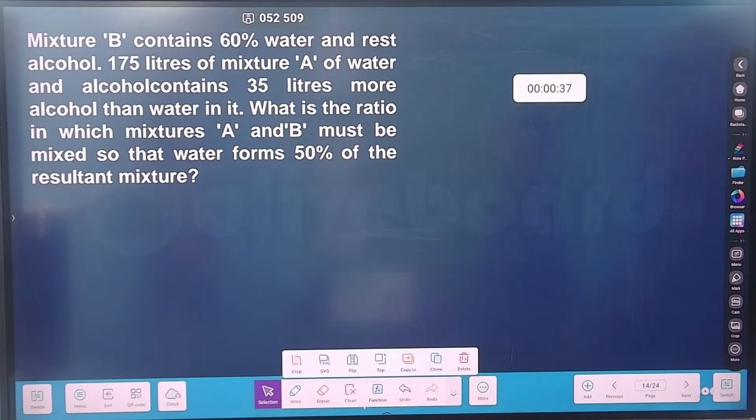Come on guys, solve. I can say that this is again a different variety of question.